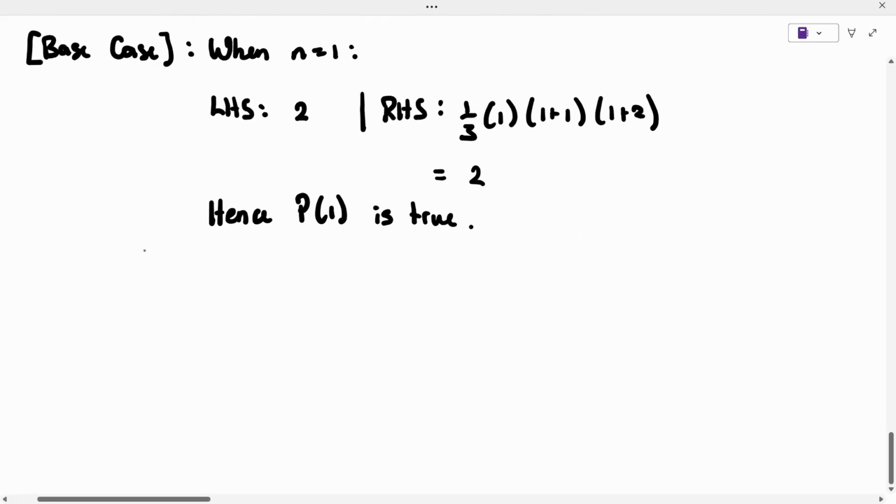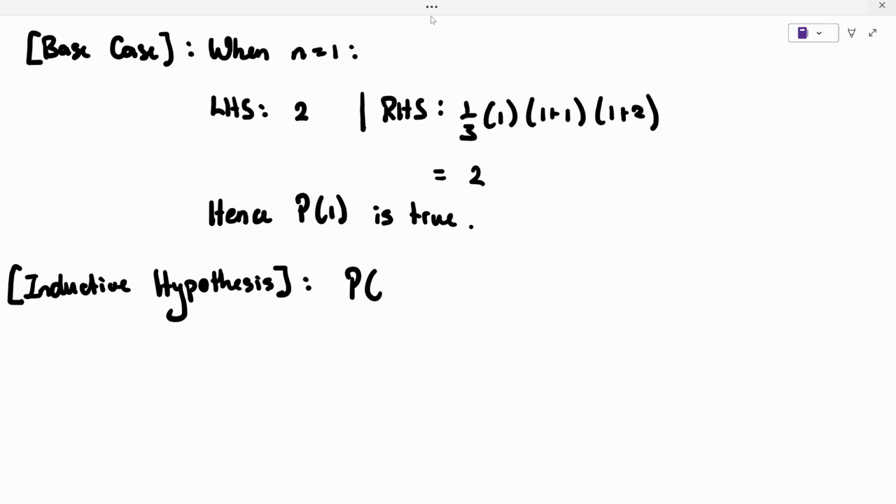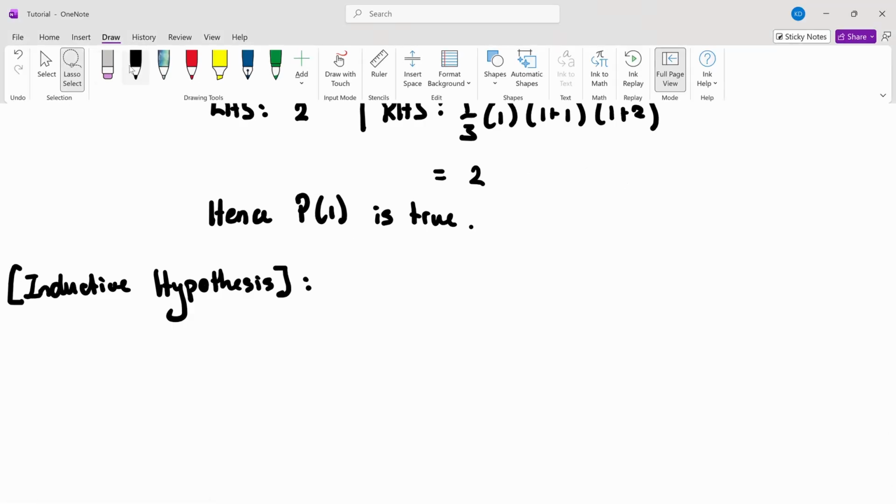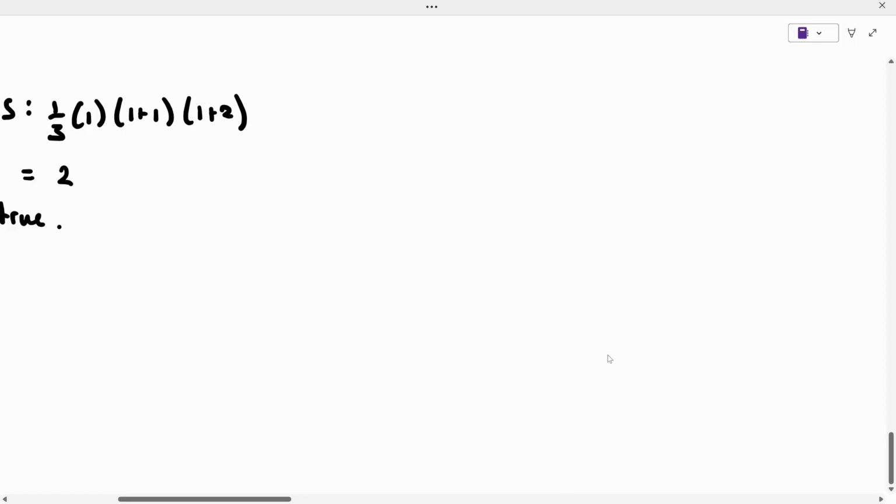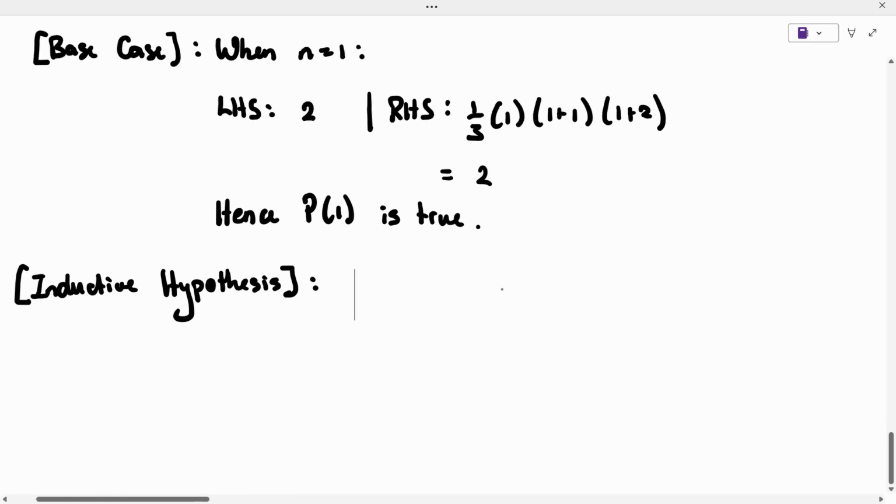So let's go through with the inductive hypothesis. We assume P of k is true.